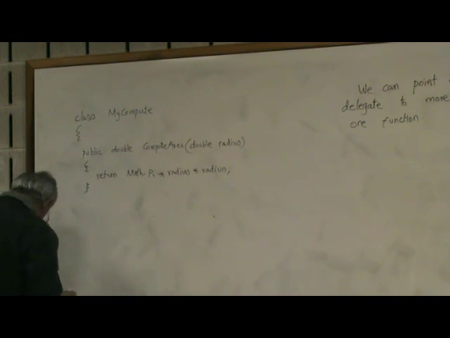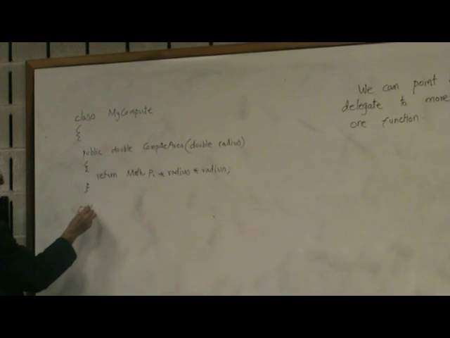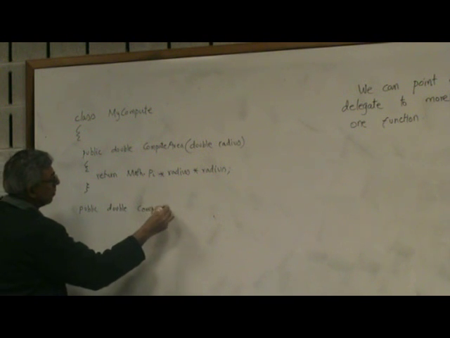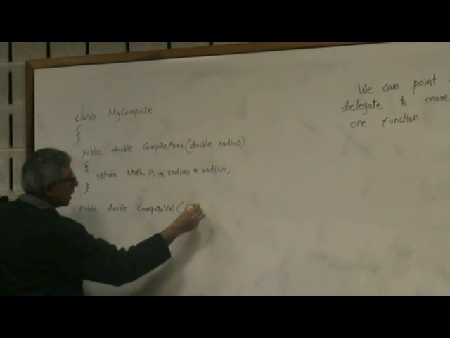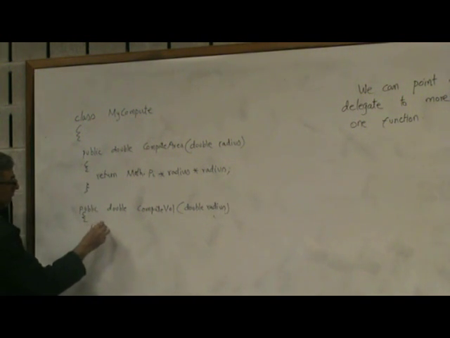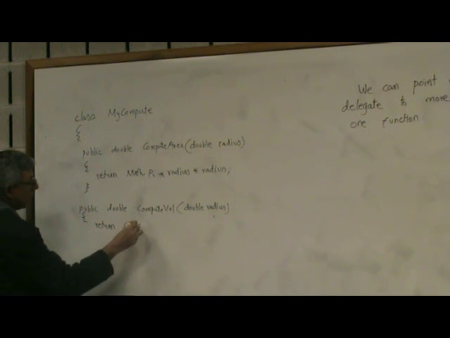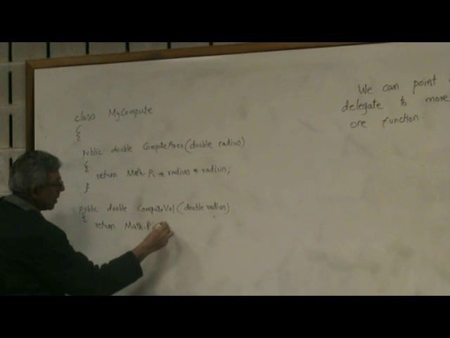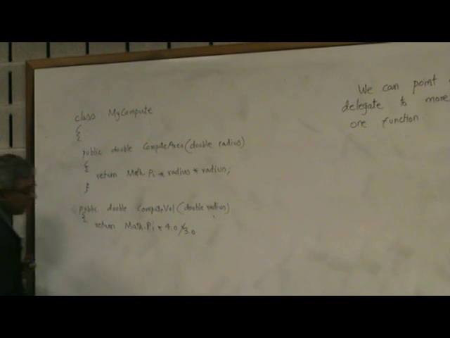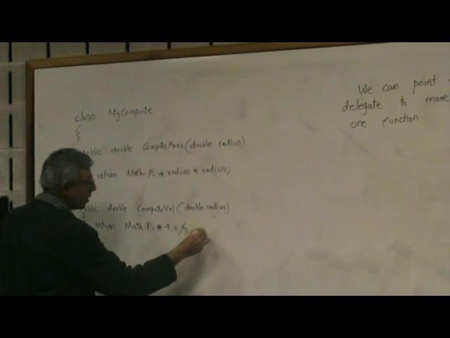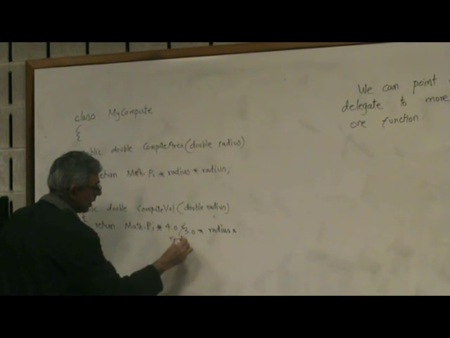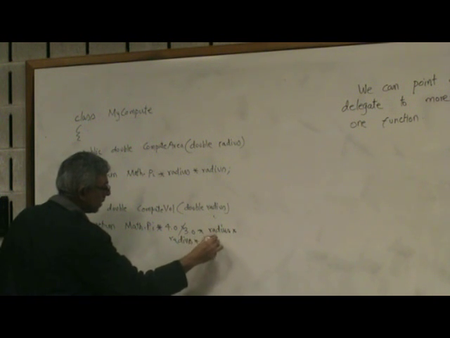Suppose I write one more function over here. Public double ComputeVolume, double radius, and do a return Math.PI times 4.0 divided by 3.0 times radius times radius times radius.